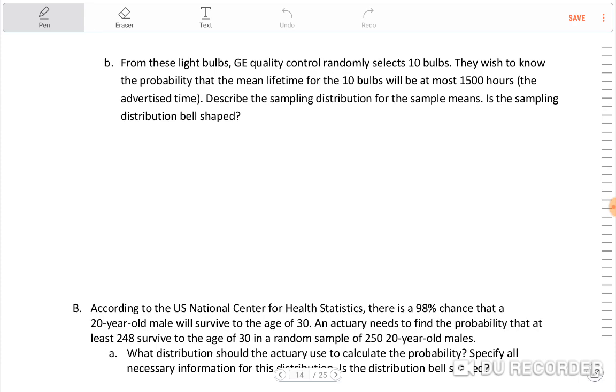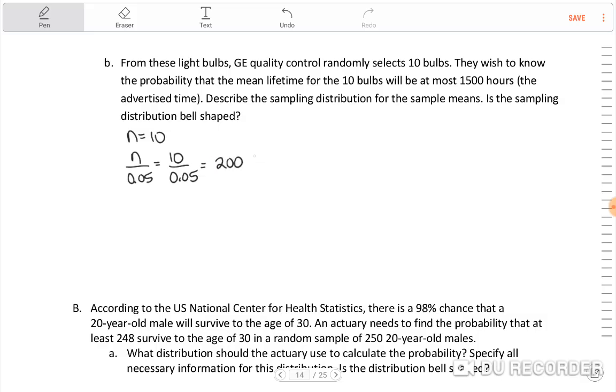So let's see here. What's our sample size? N equals 10. So we want to find if n divided by 0.05 is less than our entire population, right? So 10 divided by 0.05 is 200.